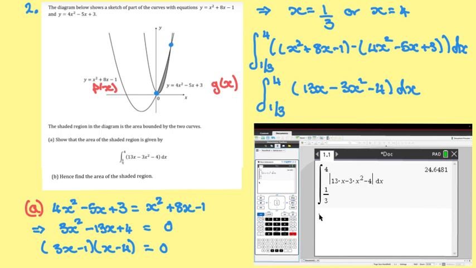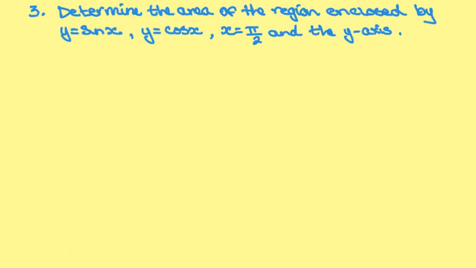Press enter, and that gives me an area of 24.6481, which is 24.6 to 3 significant figures. So that is my area between the two curves.